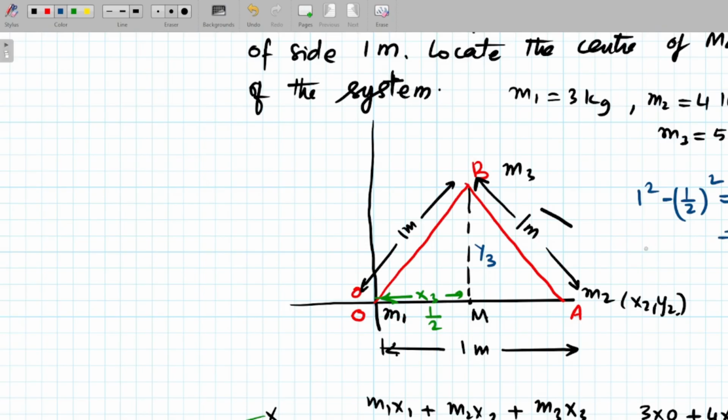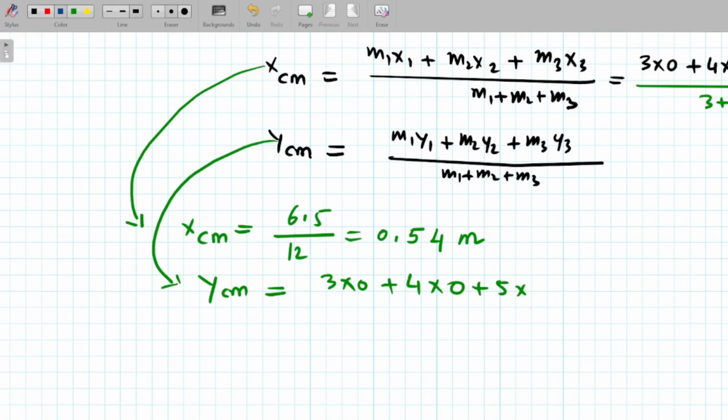Y3 is under root, that would be 3 by 4, yes or no? So you can say it is root 3 by 2. So can we write down here and find what is our final value? 5 times root 3 upon 2 and whole thing upon M1 plus M2 plus M3 was 12.